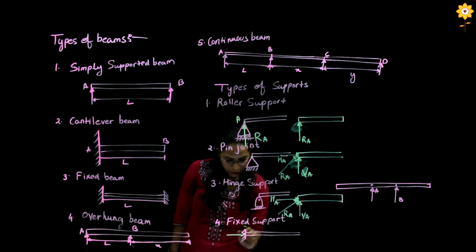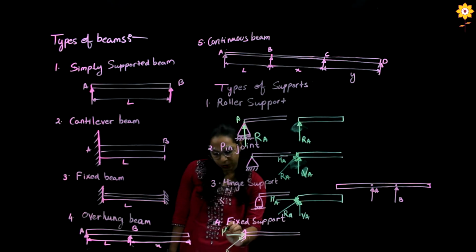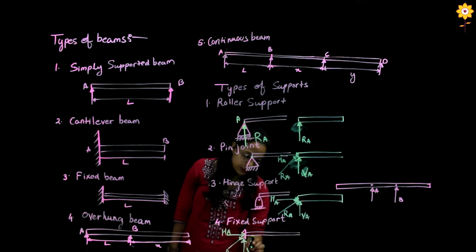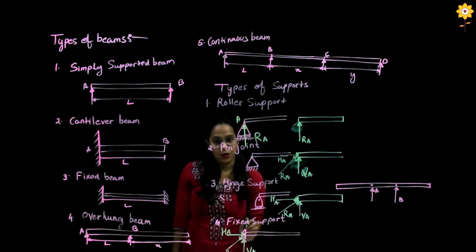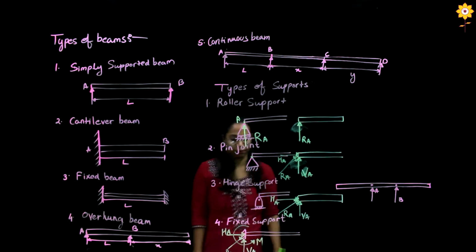So it will have a reaction at an angle, let's say this is RA. It will also be resolved into two components, HA and VA, and as it is restricted from rotating, it will also have a couple at this point, let's say M.